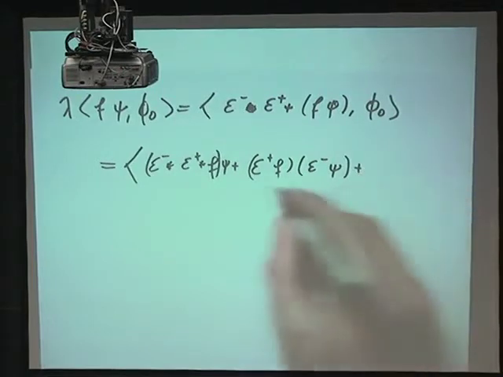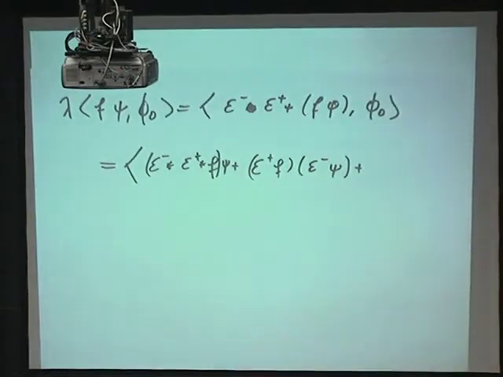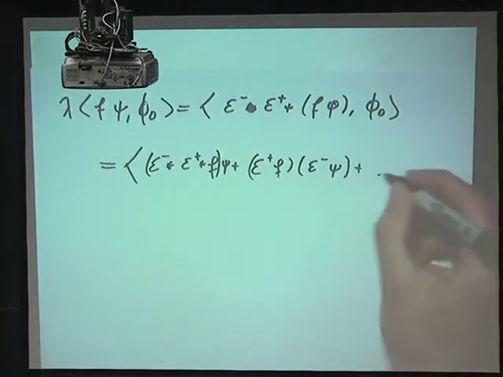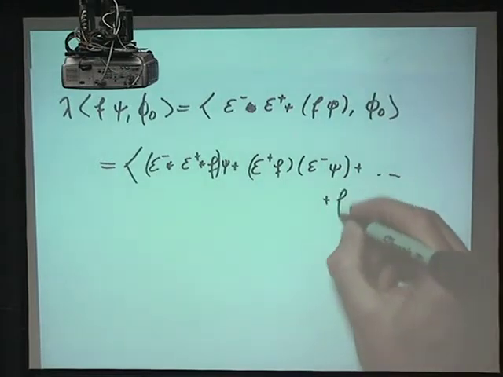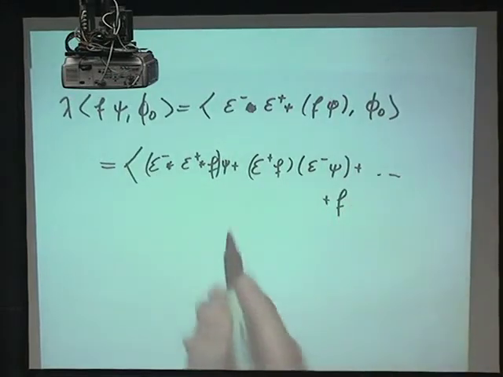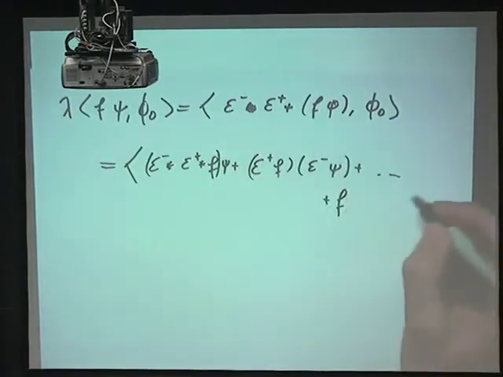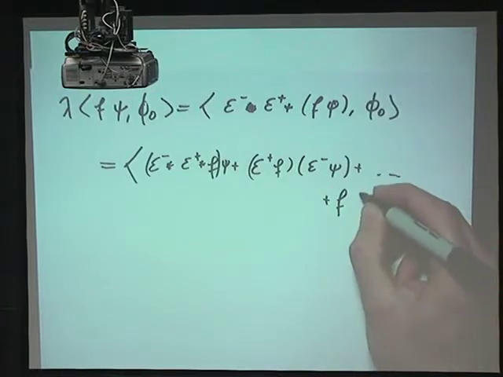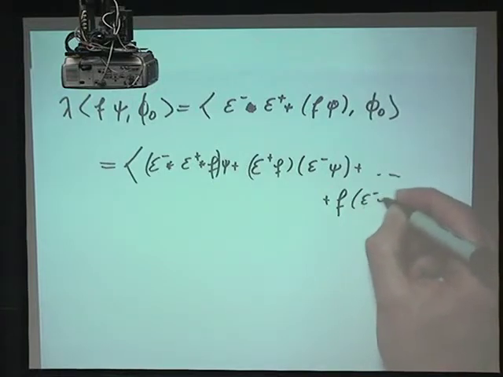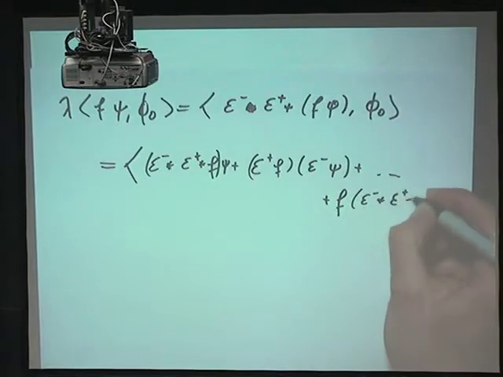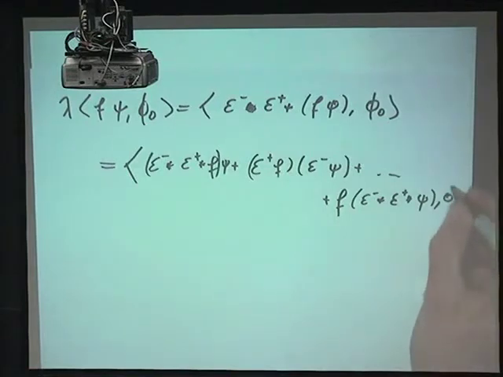Another possibility is that it's the other way around. And another possibility is that none of the two differential operators derive the F, but they both derive the psi. And then, after all that, you take the inner product with phi 0.